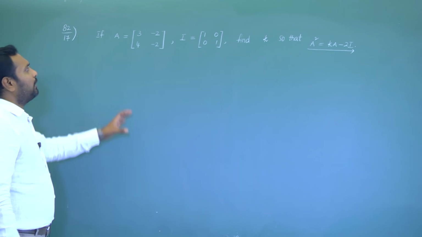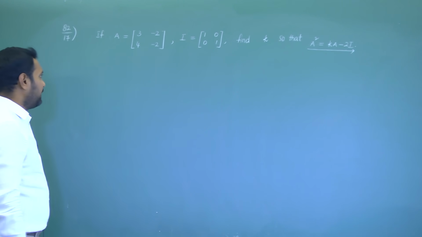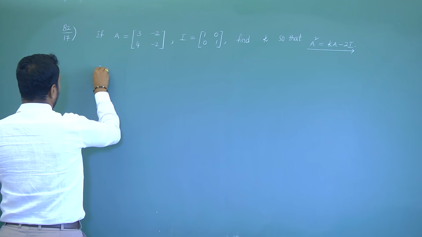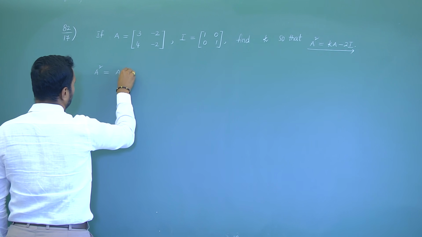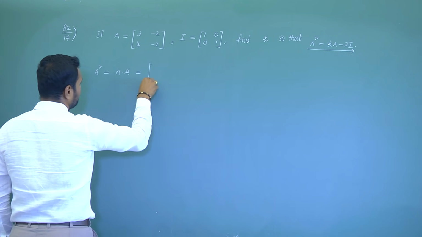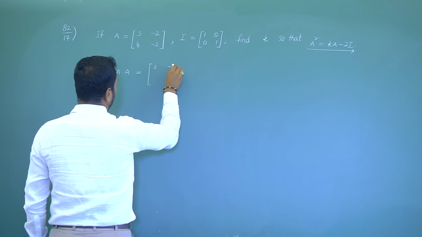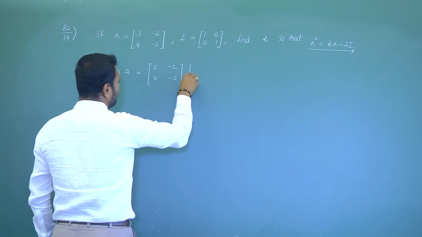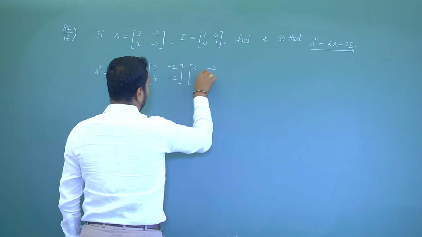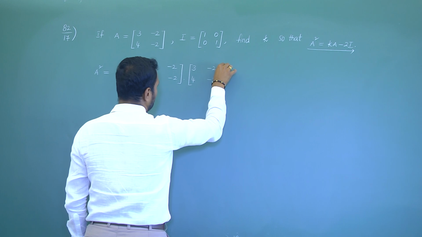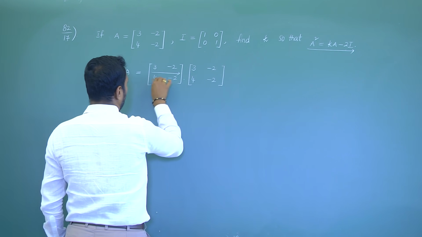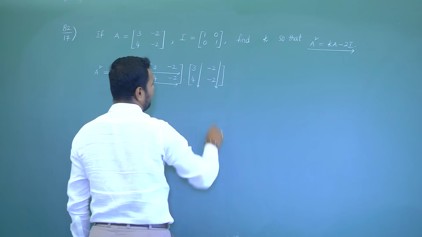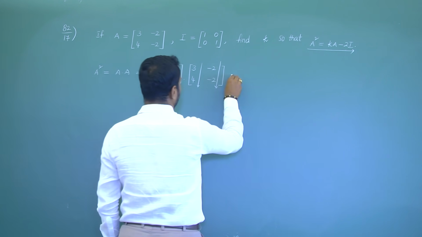Already A is given, we have to calculate A square directly. A square equals to A into A equals to, if you substitute 3, minus 2, 4, minus 2 into the same matrix 3, minus 2, 4, minus 2. For the first matrix I need to use horizontal lines. For the second matrix I need to use vertical lines.